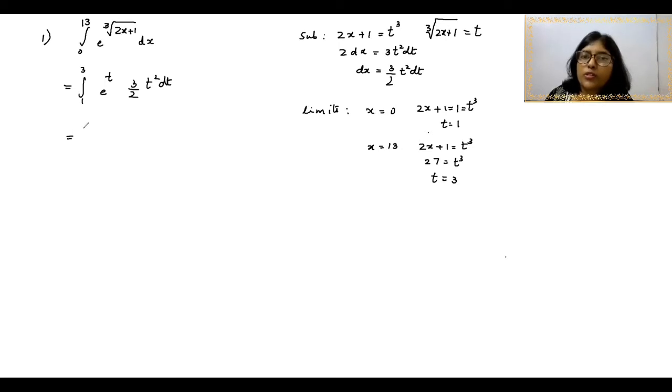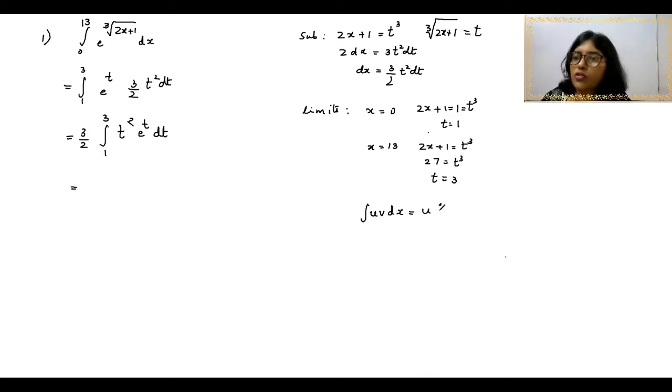So we'll put 3 by 2 outside because it's constant, and integrate t square e raised to t dt. That is u into v integration. Integration uv dx is u integration v dx minus u dash integration v dx, and again integration of this. So here my u is going to be t square and v will be e raised to t.